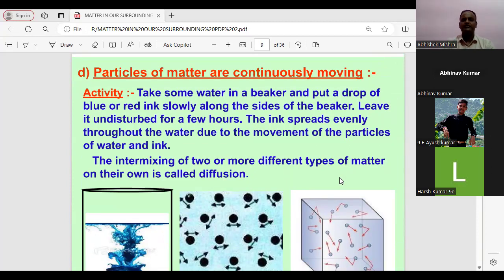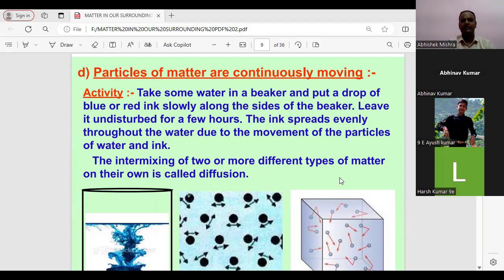For this activity, we will take some water in a beaker and put some drops of blue or red ink along the side of the beaker. We will leave it undisturbed for some time, and we will observe that the ink has spread evenly throughout the water due to the movement of the particles of water and ink, and the intermixing of two or more different types of matter on its own is called diffusion. If the particles were not continuously moving, can we expect that the ink would spread evenly throughout the water?